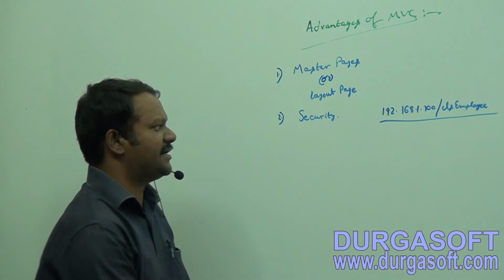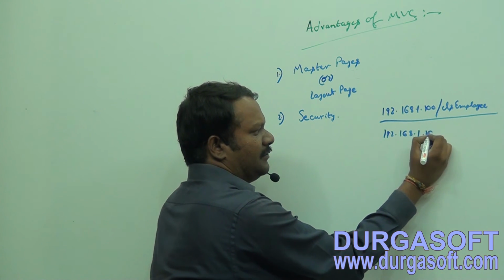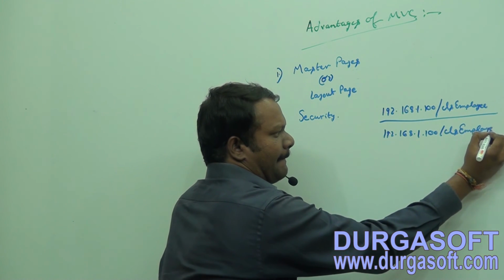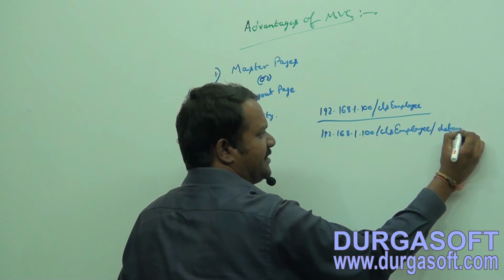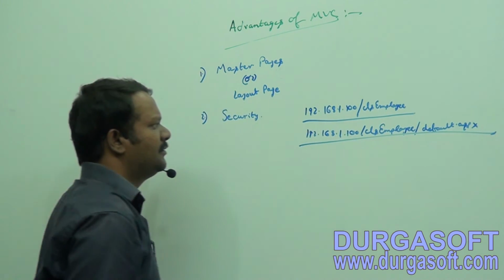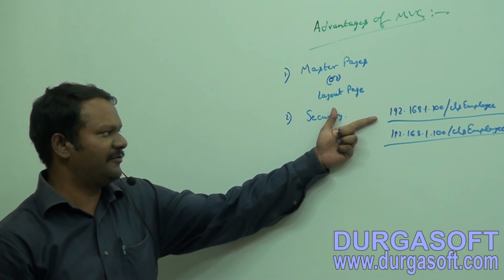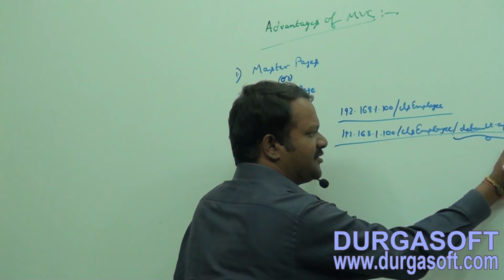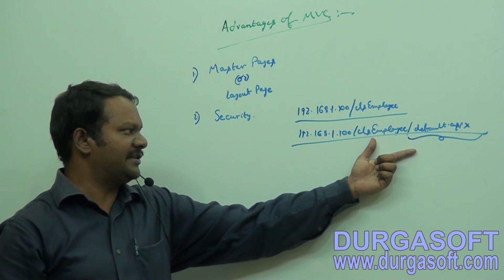But in ASP.NET, your web page name also will be displayed. This is the project name, and your web form. Let us assume there is a page called default.aspx and the response is coming from there. So in MVC, the complete URL is only this. But in ASP.NET, you will have a web form also here, that is default.aspx or any page or web form.